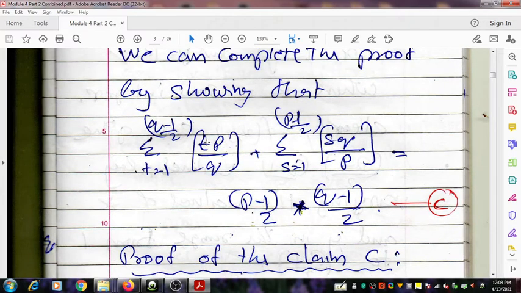But you can show that here we have the sum of two sums. The first sigma plus the second sigma is congruent to p minus 1 by 2 into q minus 1 by 2 mod 2.